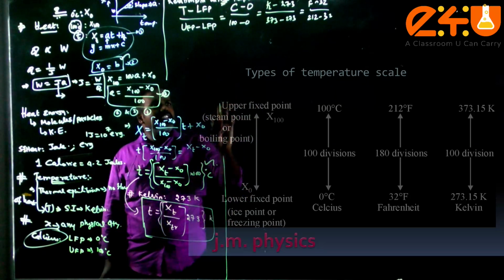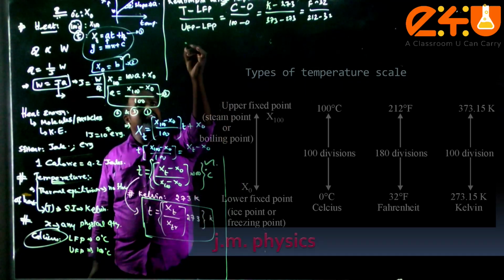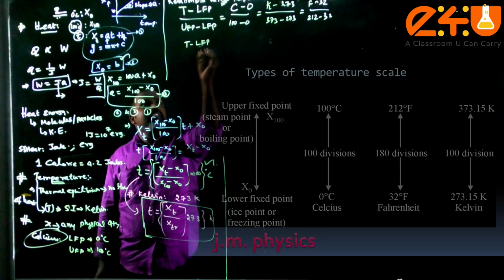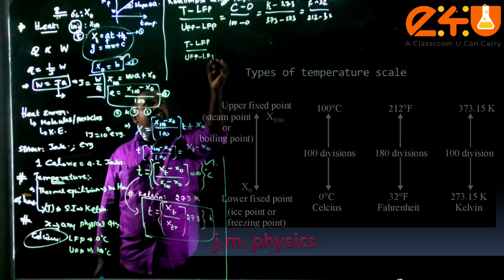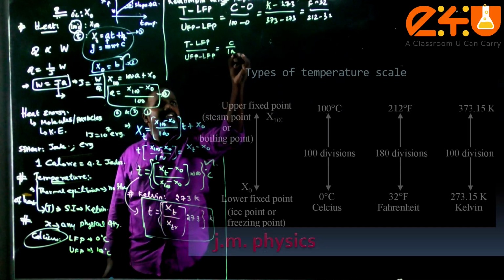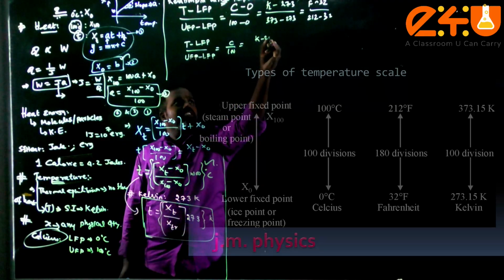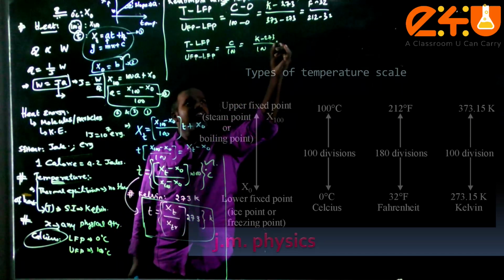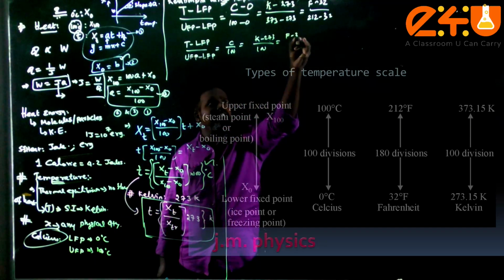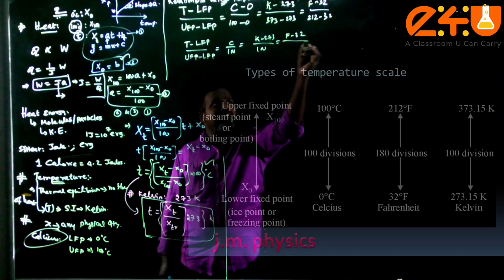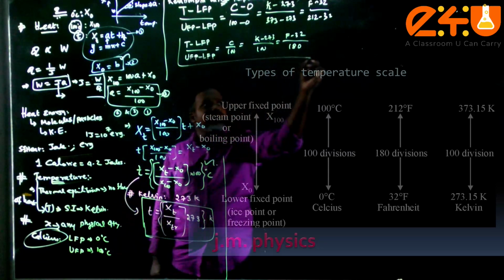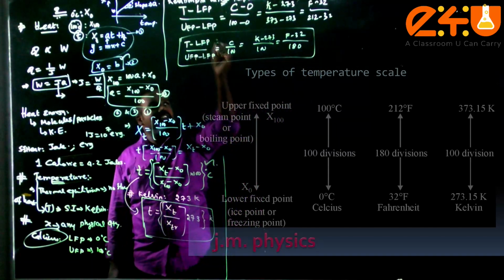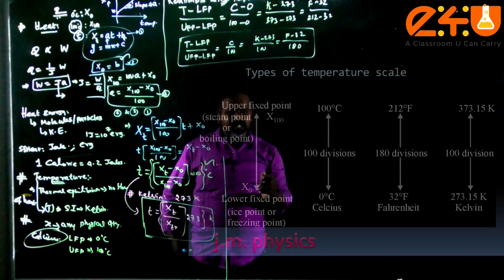The same can be written like this: (T minus LFP) by (UFP minus LFP) is equal to C by 100, which is equal to (K minus 273) divided by 100, which is equal to (F minus 32) divided by 180. This is the very general expression which relates the different types of temperature scales.